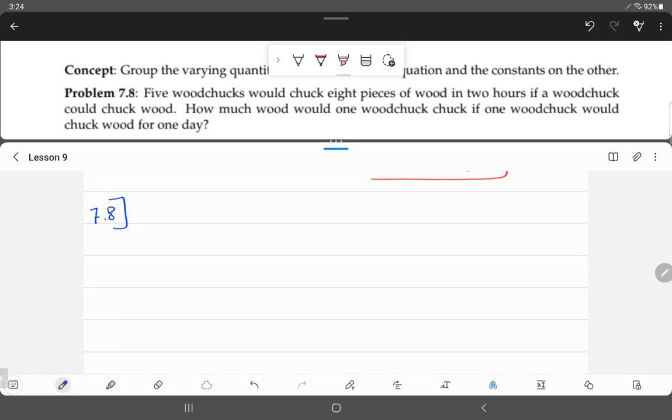Okay, so we have 3 things actually, and we need to understand the relationship. When we solve these proportional questions and rate questions, we need to understand the relationship between the variables. This is the first thing. For example, it says 5 woodchucks, I'm going to say WC.